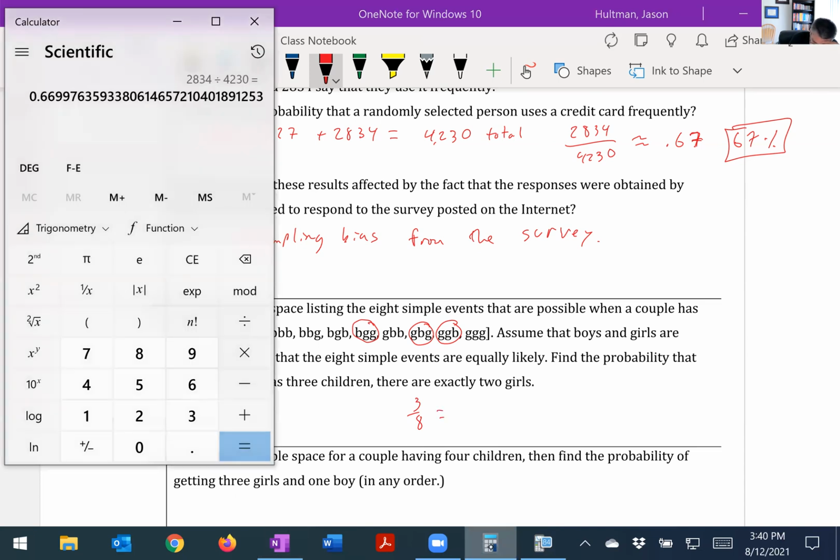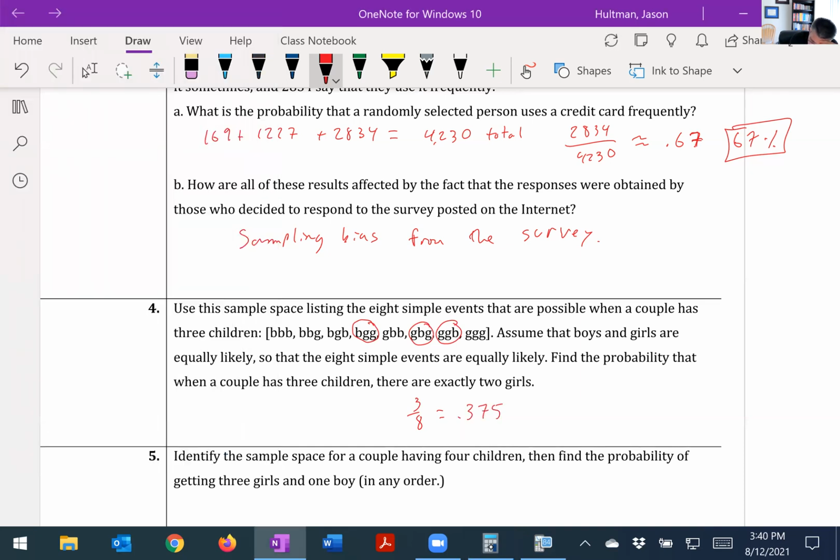And that's going to be 3 divided by 8, which is 0.375. If I move the decimal over twice, I get 37.5% of the time the couple would end up with 2 girls.